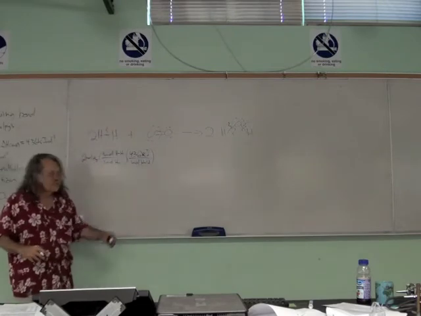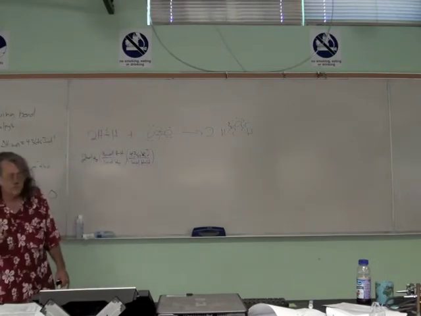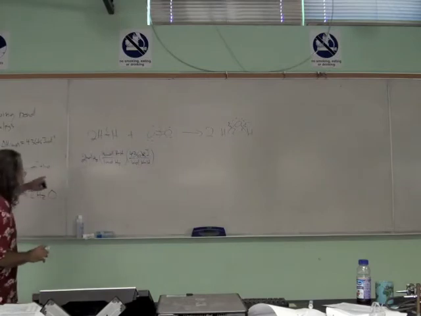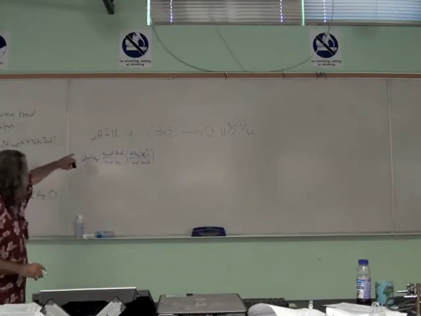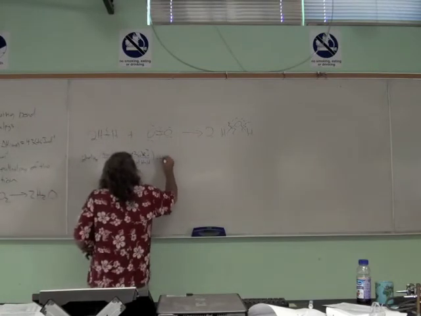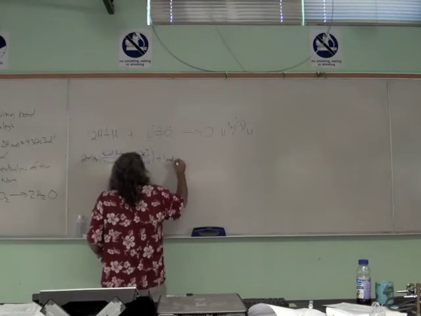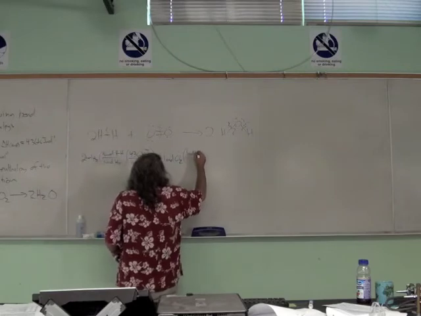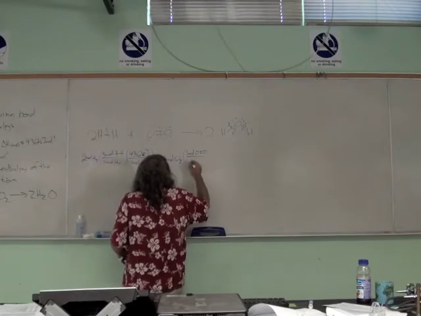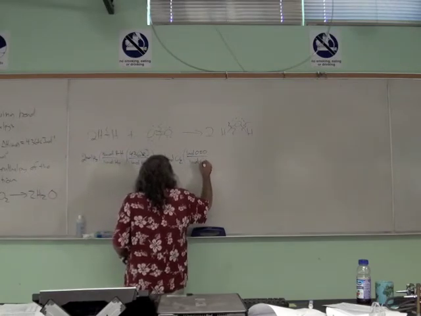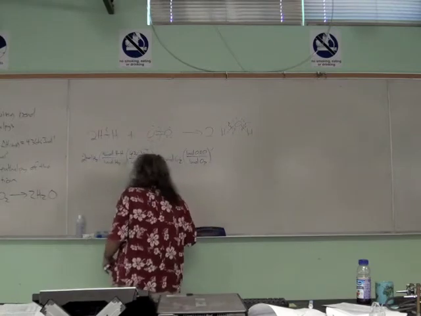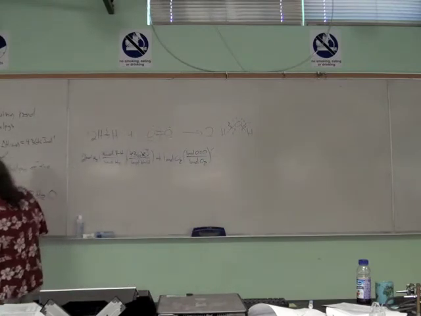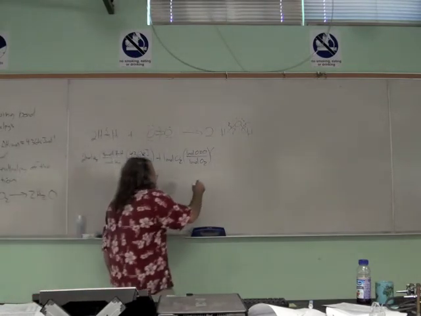So it's 436 kilojoules for every mole of H-H. That's how much goes into this, plus 1 mole of O2. There's 1 mole of oxygen-oxygen double bond for every 1 mole of O2, and that is, make sure I get the right one, 498.